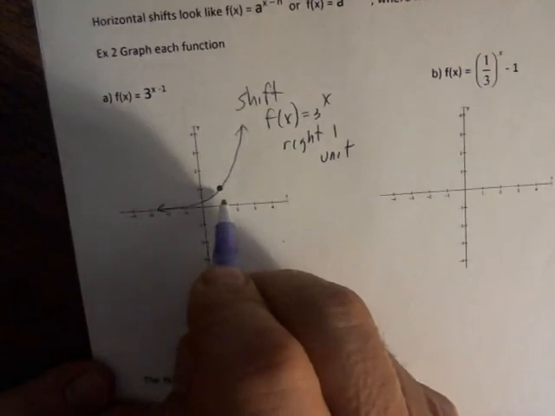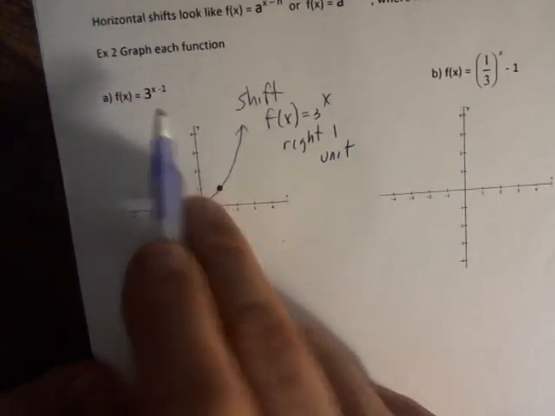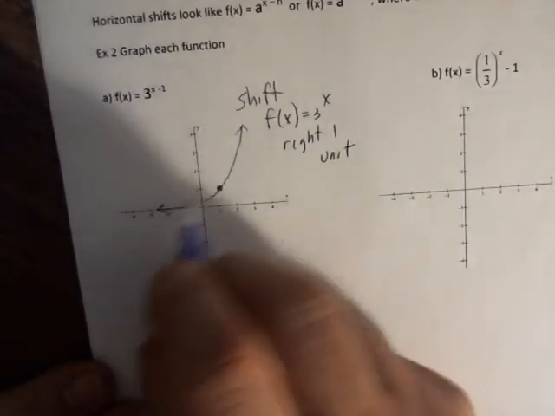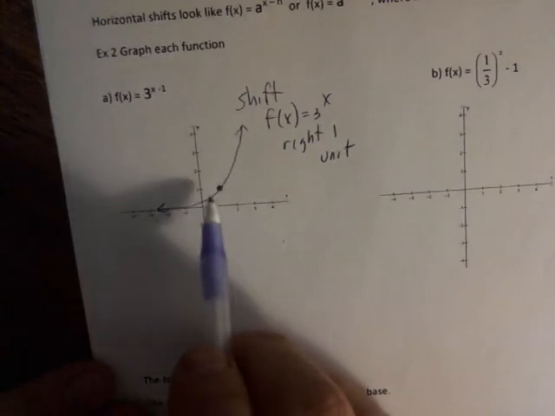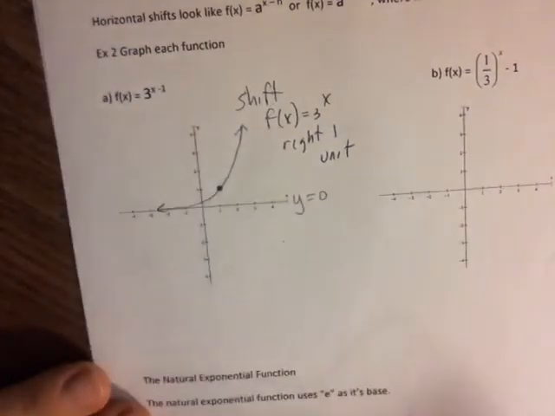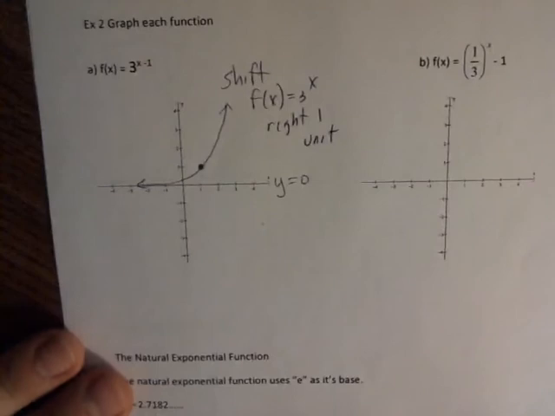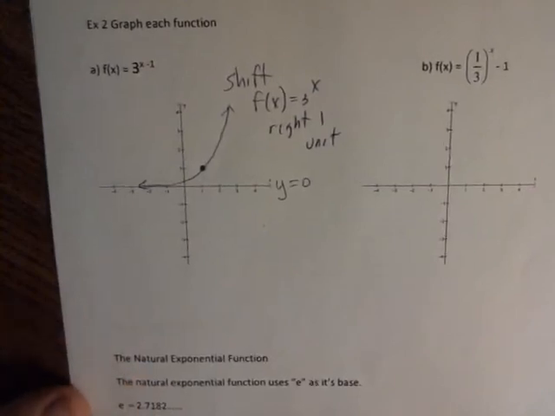It's not going to cross over the x-axis. We can find the y-intercept by letting x be 0, but we're just doing shifts, so we don't have to worry about it. So the best way to do it is to shift the y-intercept. The horizontal asymptote remains the same as y equals 0. And so you're done. Okay? So that's a horizontal shift.